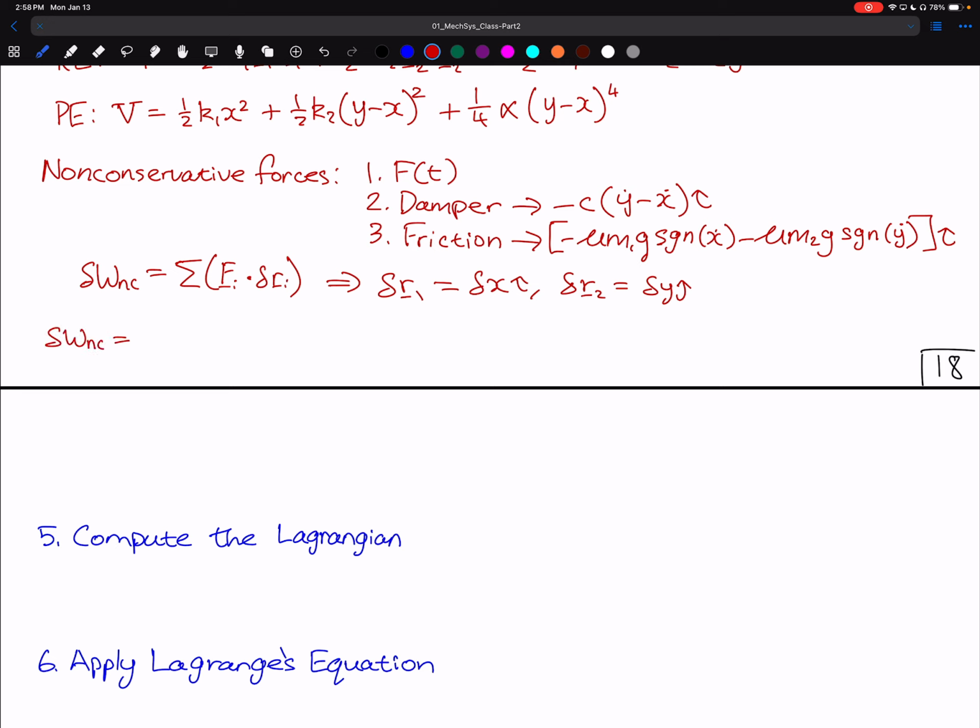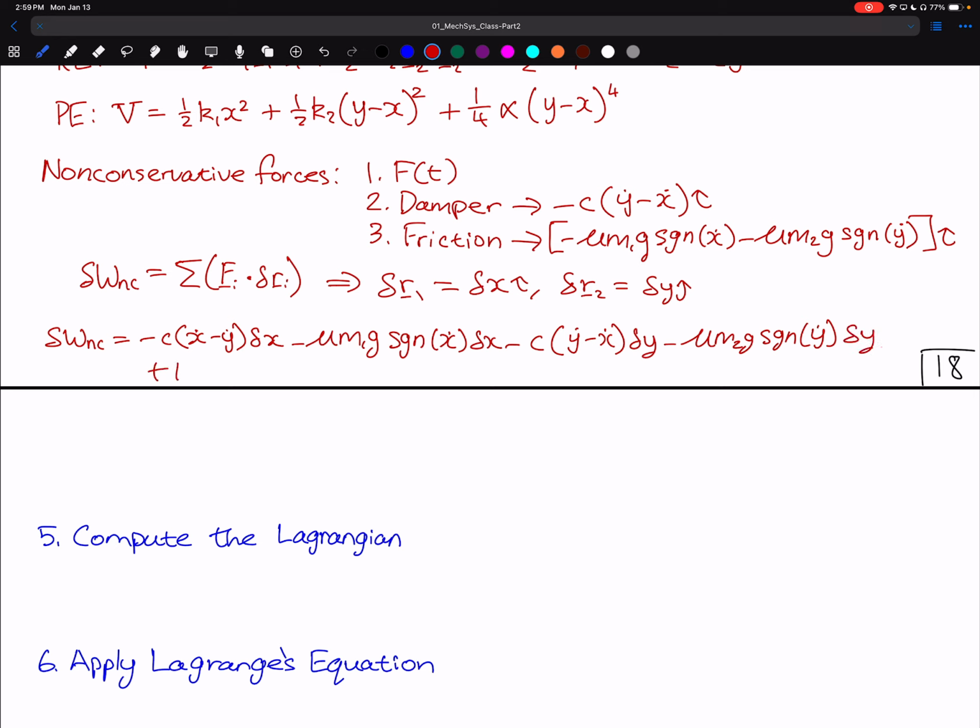We're going to write this out as delta W_NC equal to minus C times (x dot minus y dot) times delta x, minus mu m1 g times the signum of x dot times delta x, minus C times (y dot minus x dot) delta y, minus mu m2 g times the signum of y dot delta y, plus f of t times delta y.